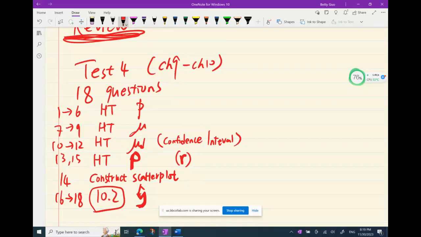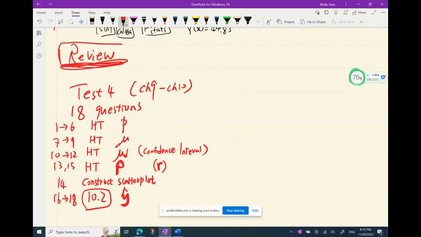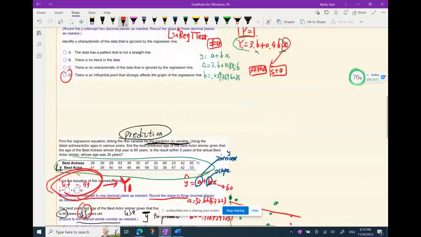And our review, you know what, has exactly the same structure as the actual test. The review also has 18 questions. The first 6 are about the hypothesis testing of p, 7 to 9, hypothesis testing about the mu, and so on and so on. Okay, yeah. The 3 questions here I have, yeah, we only cover 2.